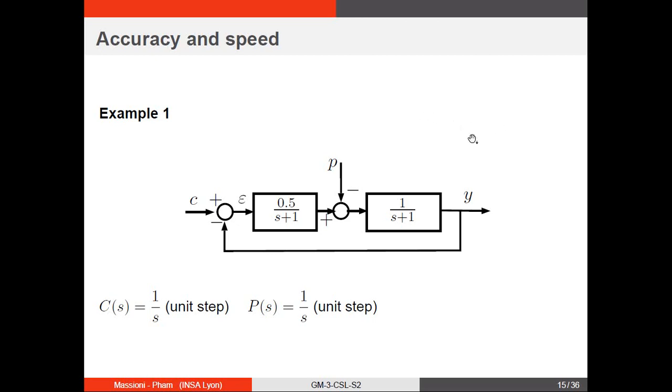Well, basically for all of the examples over here, in order to compute the final value, the steady state value of the error or of y, you just need to compute the transfer function from either P to y or either C to y, write it down, then multiply this transfer function times the Laplace transform of the input that you consider, and then use the final value theorem to see which is the final value of it.